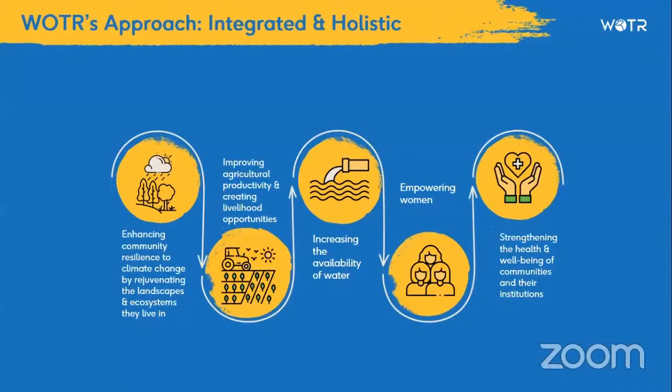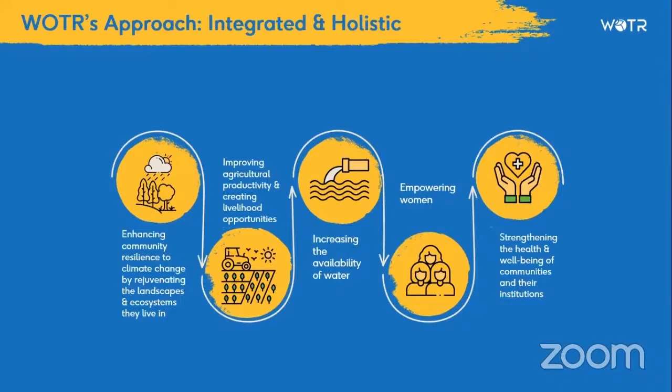At WOTR, we have these 5 major focus areas where we would like to enhance the community resilience to climate change by rejuvenating the landscape and ecosystems where they are living. Then improving the agricultural productivity for creating livelihood opportunities for farmers within the villages itself. Increase the water availability because most of our working area is in the semi-arid region.